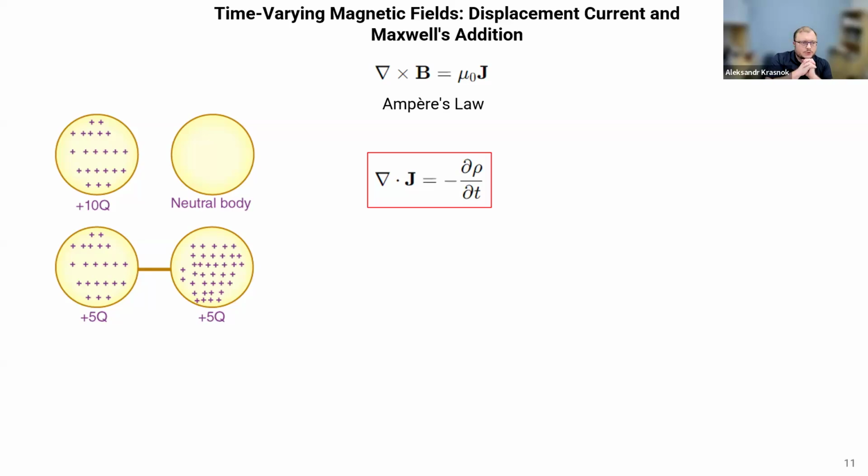But the total charge in the system will be conserved. Initially, it was plus 10 coulomb. Finally, it will be plus 10 coulomb. So the charge must be conserved, even though some charge can move from one area to another area, trying to reach this electrostatic equilibrium.